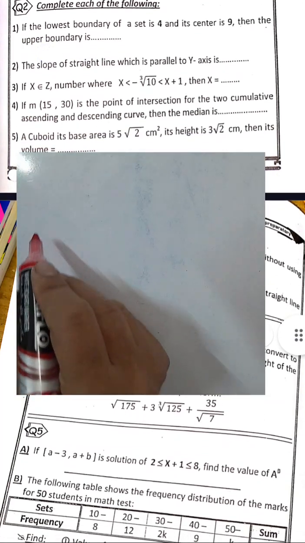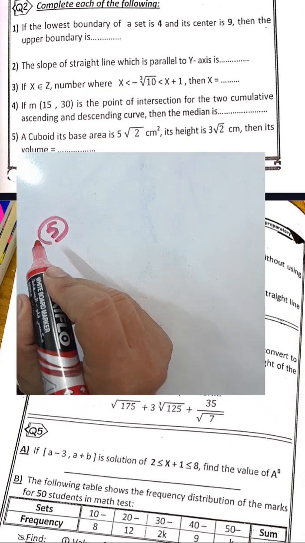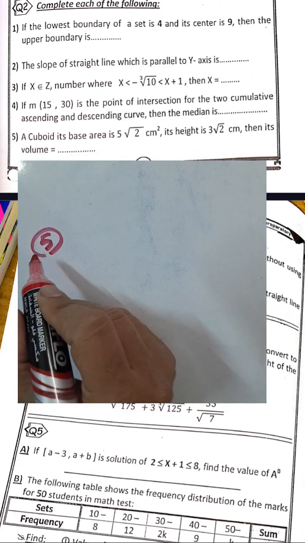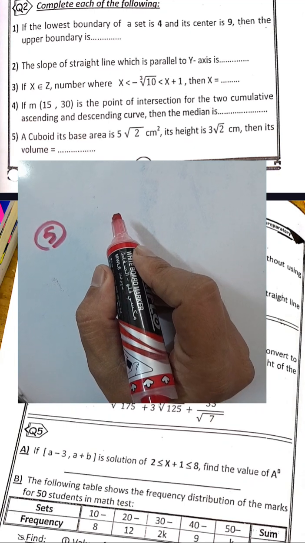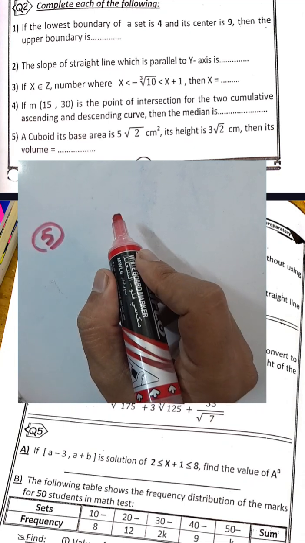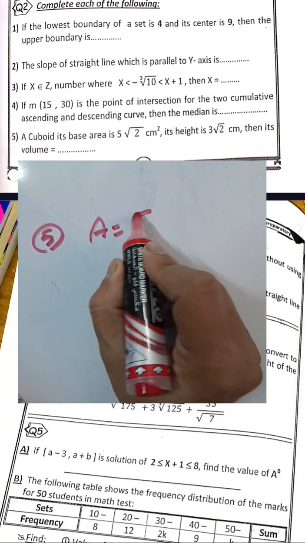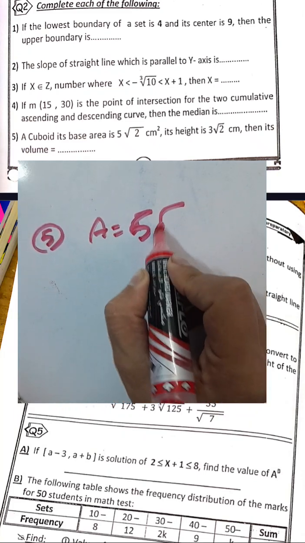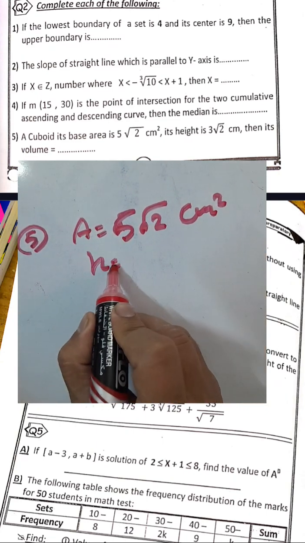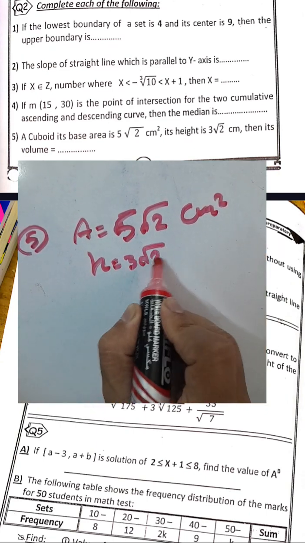Question number 5. The cuboid's base area is 5 root 2 square centimeter, and its height is 3 root 2.